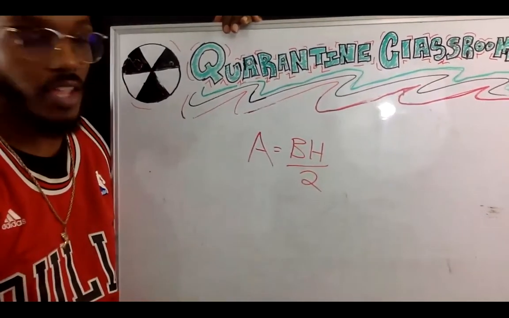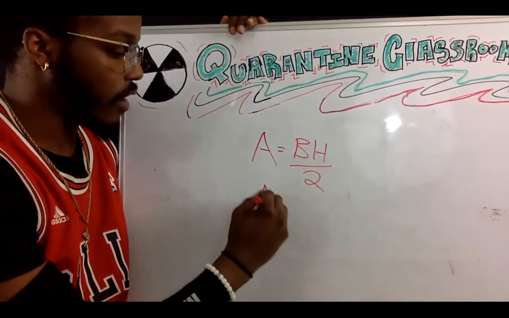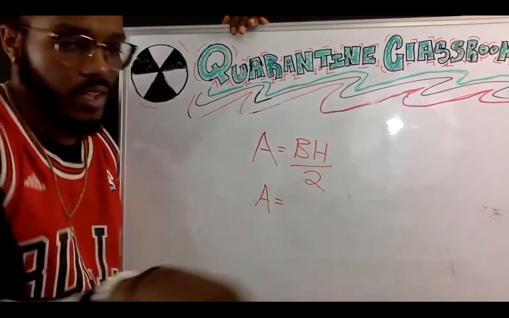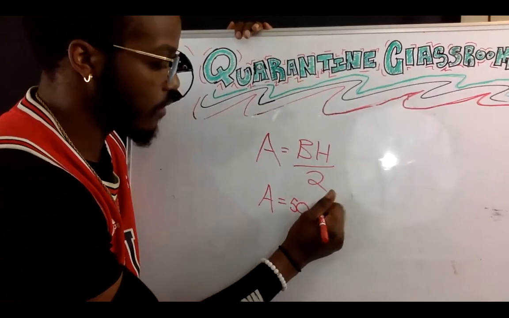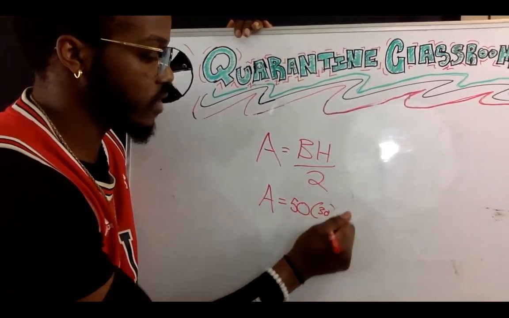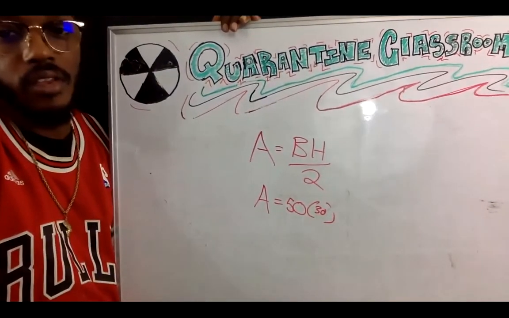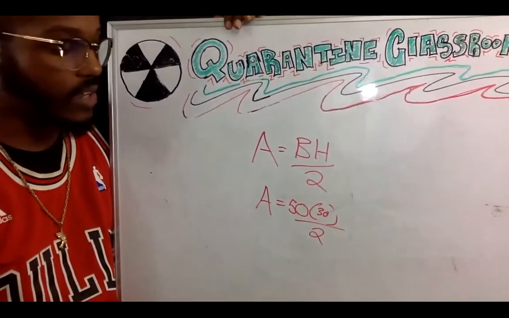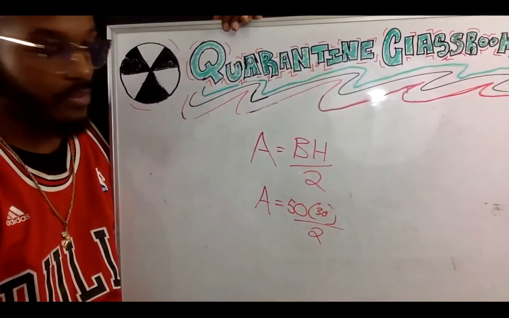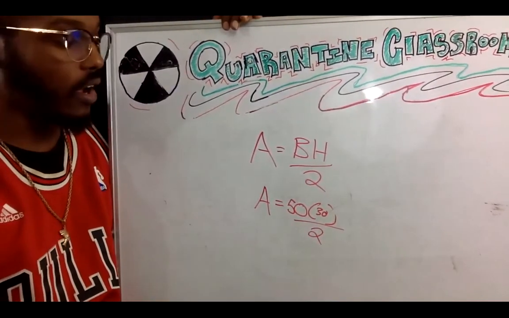And then we plug in all the information that we know. We know that our base is 50. And then we're gonna multiply that by our height, which is 30. And then we're gonna divide that by 2. The order of operations says that we do the multiplication up top first, and then we do the division that comes later.